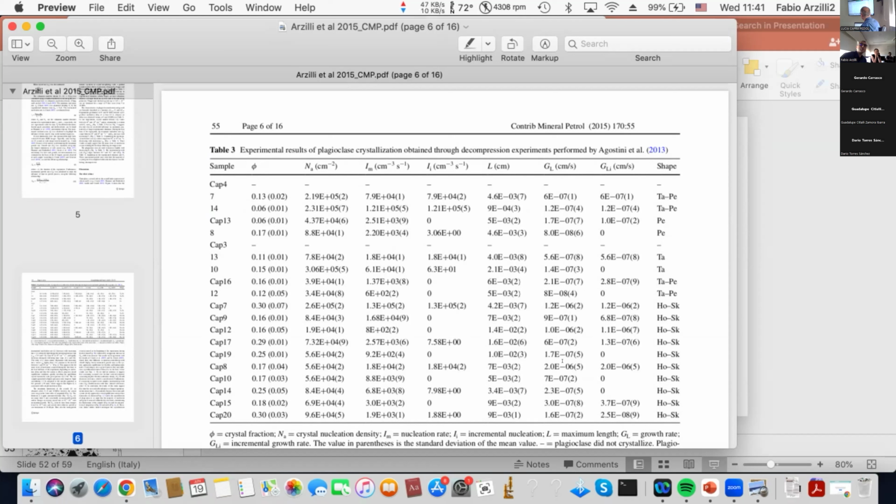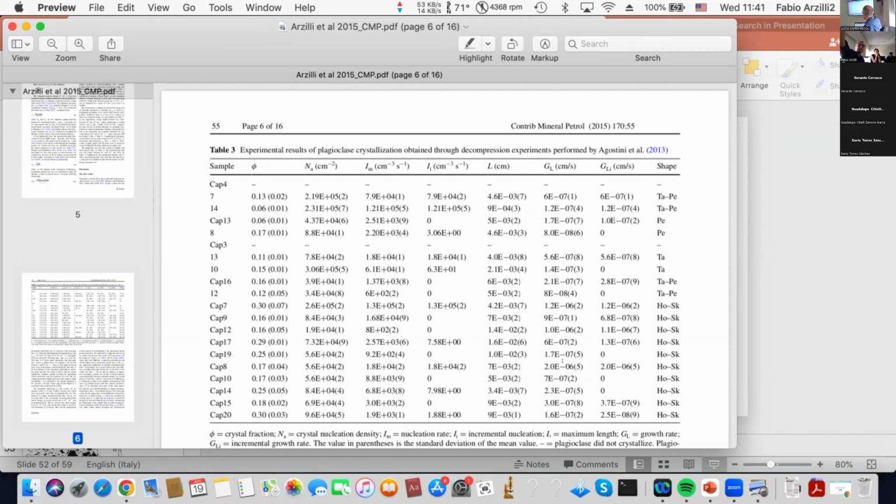The fastest ones usually coincide with the short duration of the experiment, and I'll talk later about why this is true, because the peak of the growth is just at the beginning, and I'll show you this afternoon better how it works.